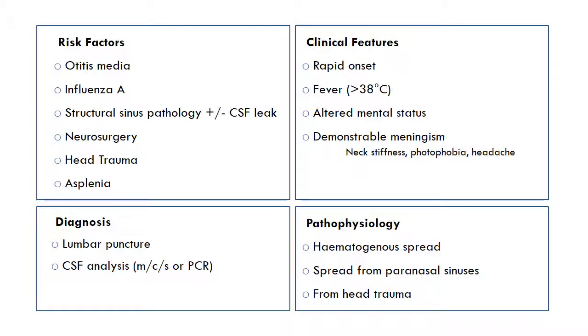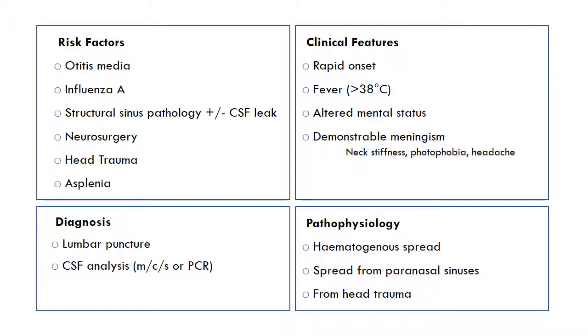So that would be in the case of influenza A. Structural pathologies always can expose those brain structures to infection, and then that's the same thing with neurosurgery, head trauma, and asplenia. You'll learn a bit more about asplenia in detail sometime in your course, not now, later. So I'll leave that.